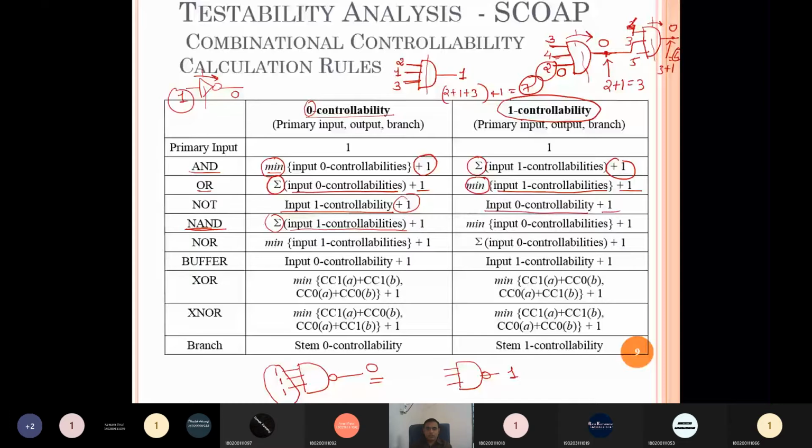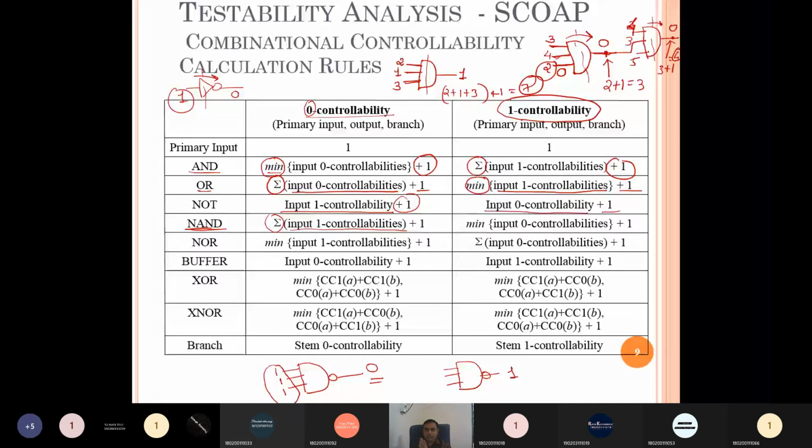Yes, if any one of the inputs is 1... No, your answer is wrong. If you do not know simple digital gates, how will you answer the question in placement? Kindly prepare well. Input is 0. Yes, if any one of the inputs is 0, it will produce the output 1.